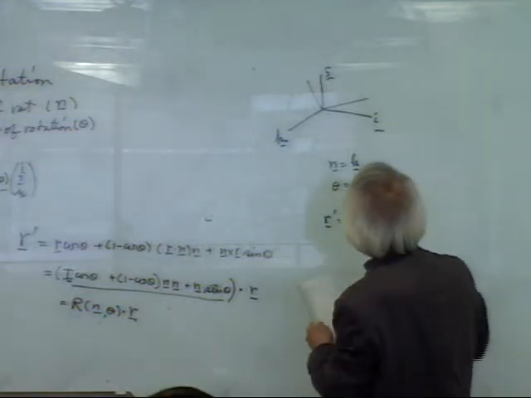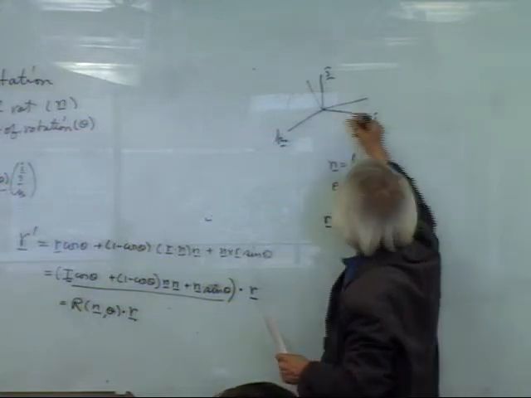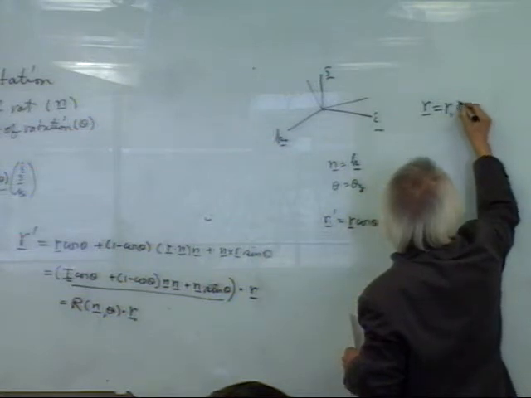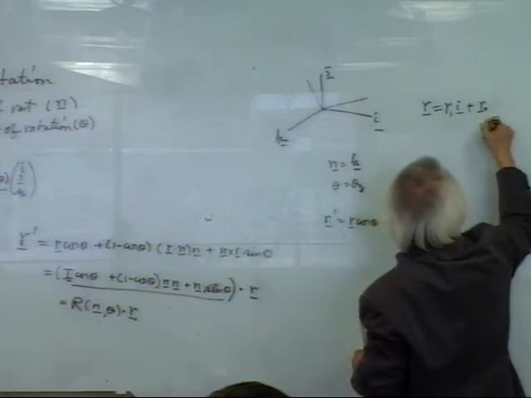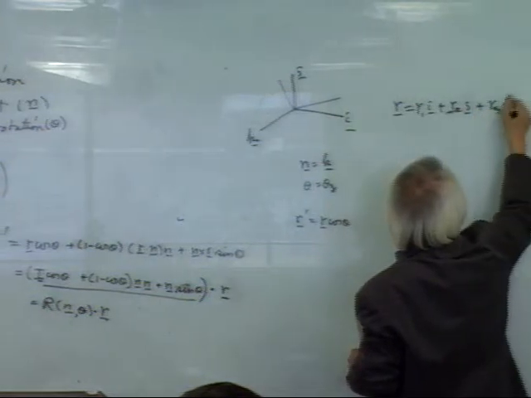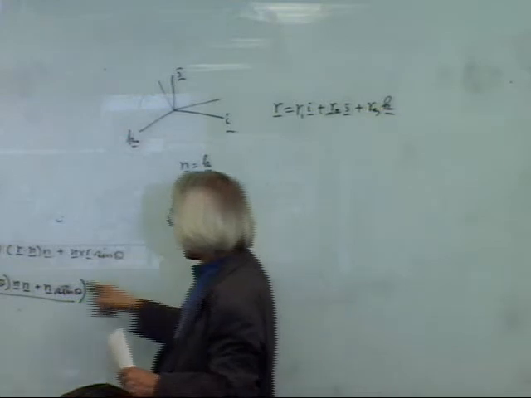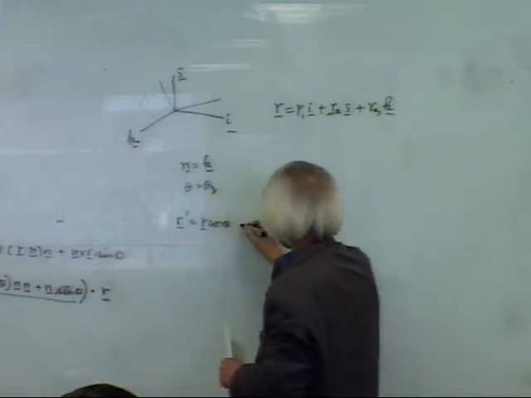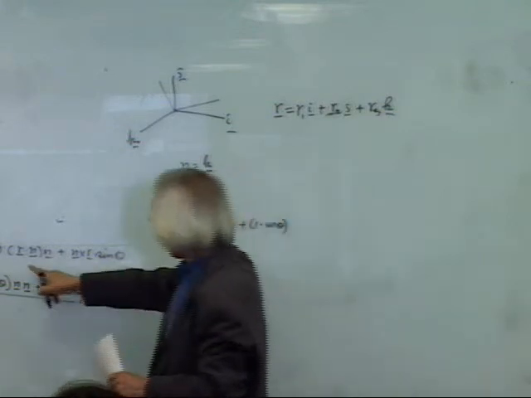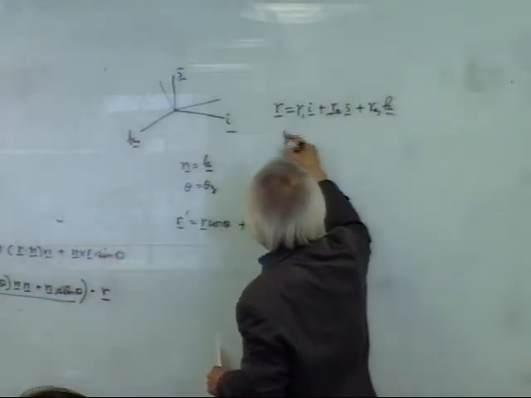So R is some vector. So R could be R1 I plus R2 J plus R3 K, okay? So that's R. Now here's a 1 minus cosine, R cross N, here K, N is K.